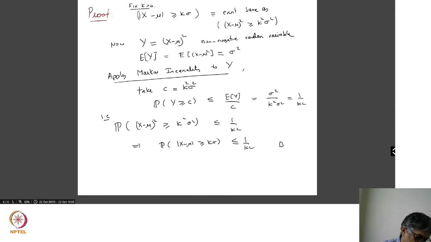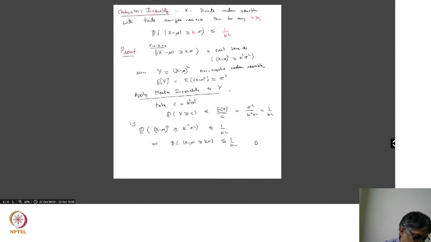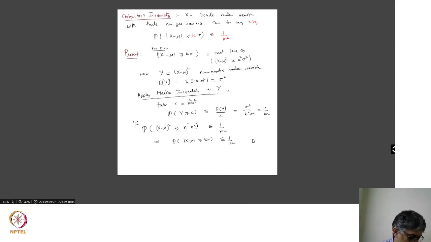So a fairly simple proof of this property of Chebyshev inequality. All you have to do is apply Markov inequality to the right variable. It's a very useful result. It means that the chance that X minus mu is above k times sigma is always bounded by 1 over k squared. So it will decay. Of course, this decay may not be enough for you, but it is a decay of probability.